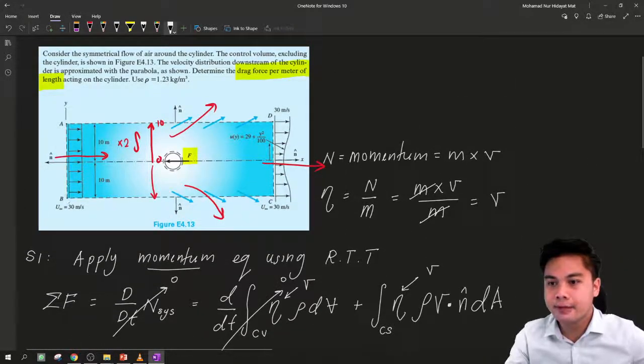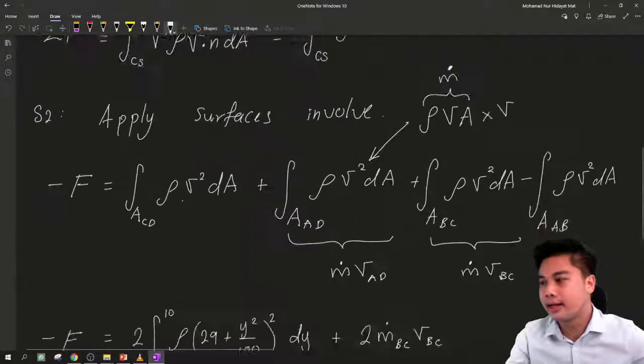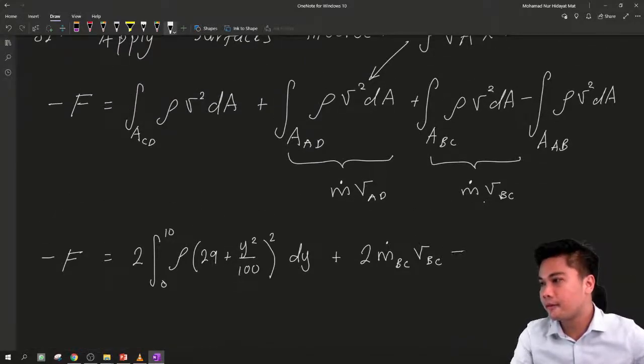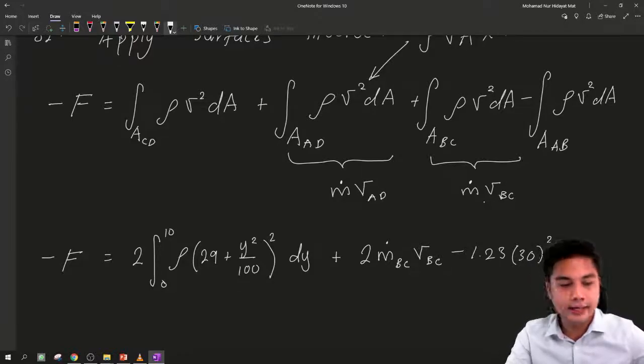And the given velocity here is 30 as well. So just replace here, negative. Rho is 1.23, because all this term is constant. We can replace directly. Multiply with velocity, which is 30 squared dA.